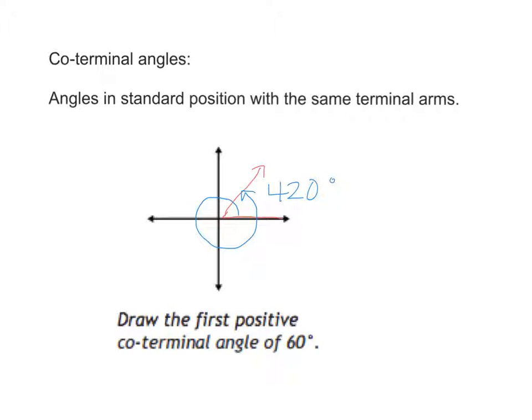If you went all the way around again, you would get 780. That would be another positive coterminal angle. How did I get the 780? Do you know? Just add 360, right. So if you keep adding 360, you keep getting another angle that's coterminal.